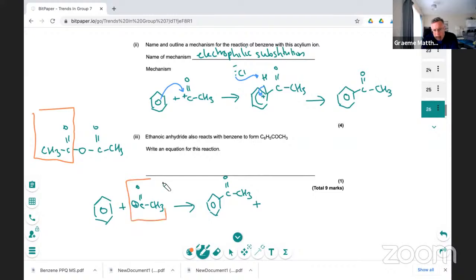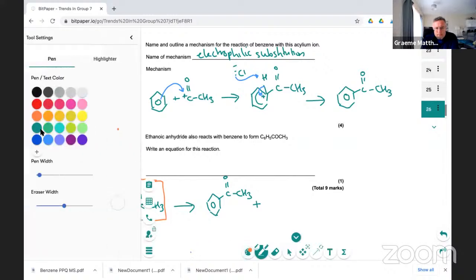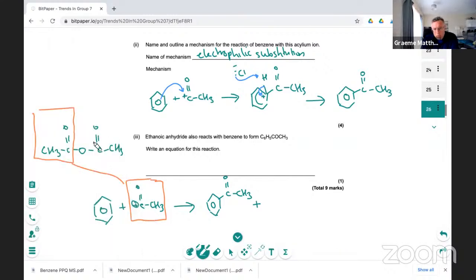Then what's left is this bit, which becomes just the acid. Because if you've got this floating around in water, with the minus sign on it, you're thinking, yeah, I just got to put the hydrogen on it to make ethanoic acid, okay?